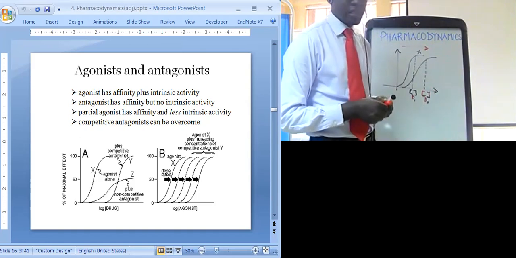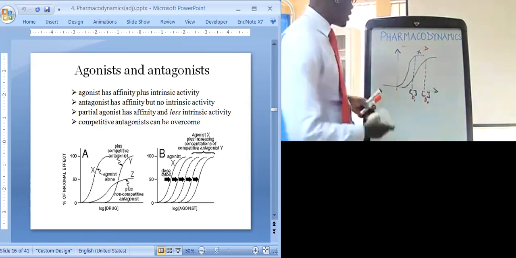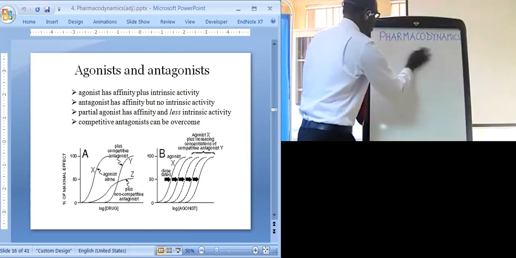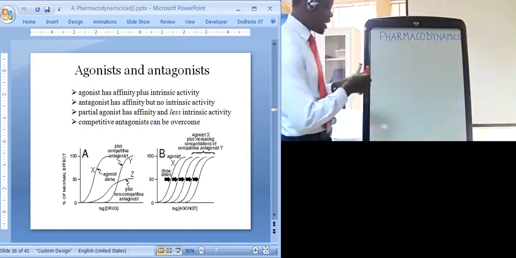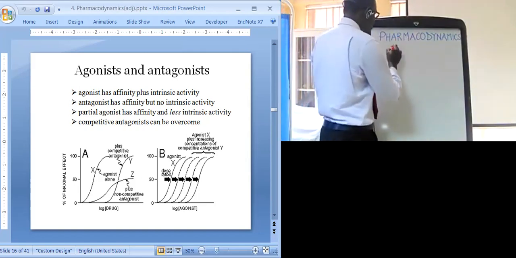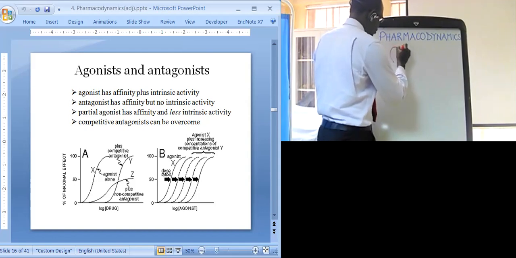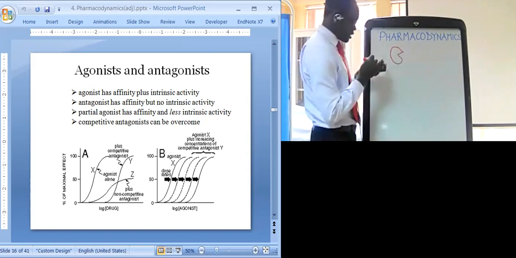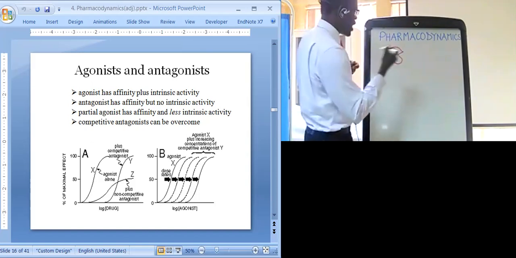It is competitive, and that comes as a result of, just imagine, if we can draw a diagram, assuming this is our receptor, and this is where the drug has to attach.